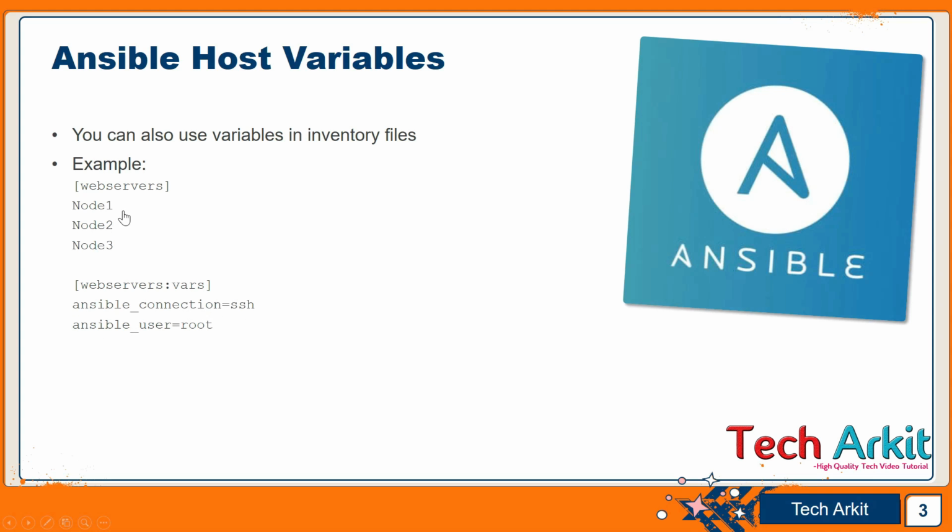If you write this, you don't need to write the configuration all the way along here. These variables are applicable to all the web servers. Now let's see a practical example of how you can write variables in playbooks and execute them.